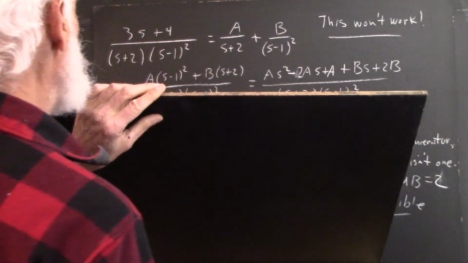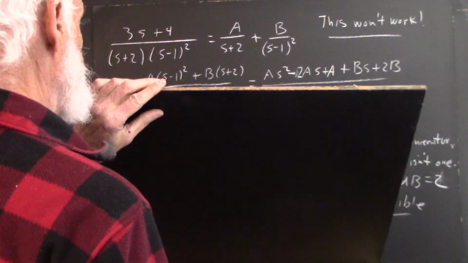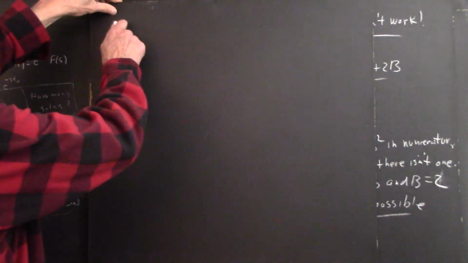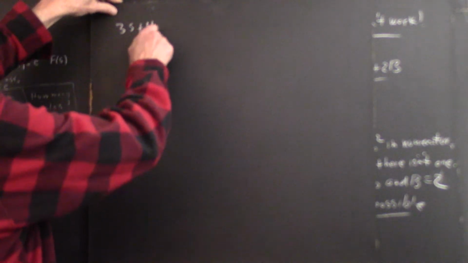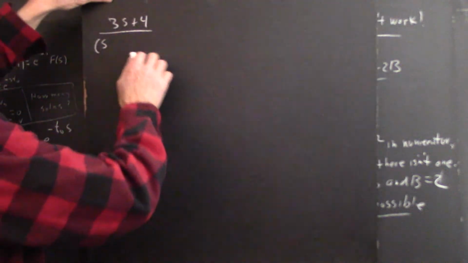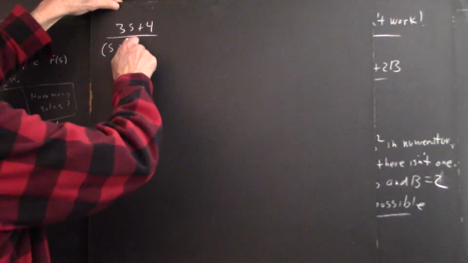Okay, what was my numerator? Well, that's 3S plus 4. It's S plus 2 and S minus 1 squared.